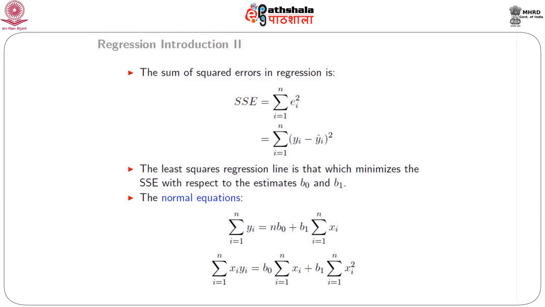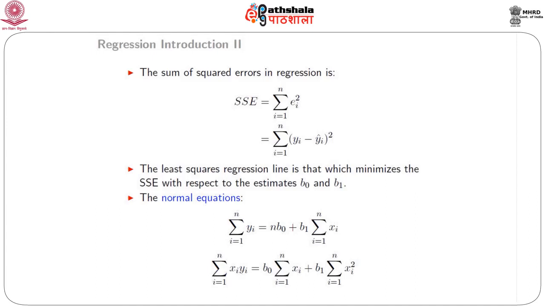The error term y i minus y i hat is for the ith observation, where y i is the actual observation and y i hat is the predicted value based on the regression model. So, what we are trying to do here is minimize the sum of square of these errors. So, we are trying to minimize SSE equals summation i equals 1 to n of y i minus y i hat whole square.